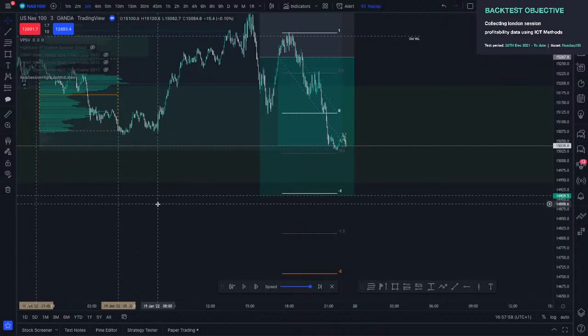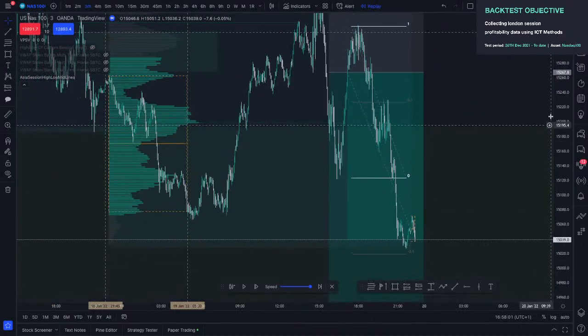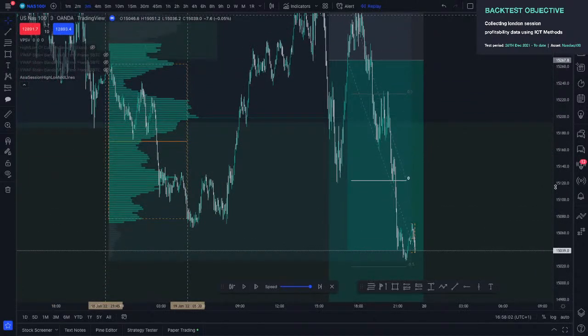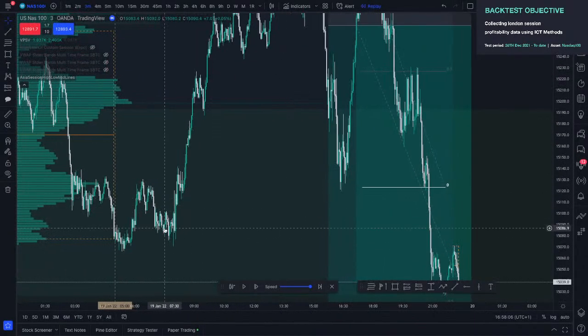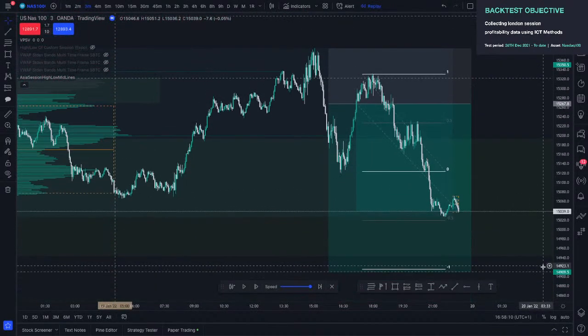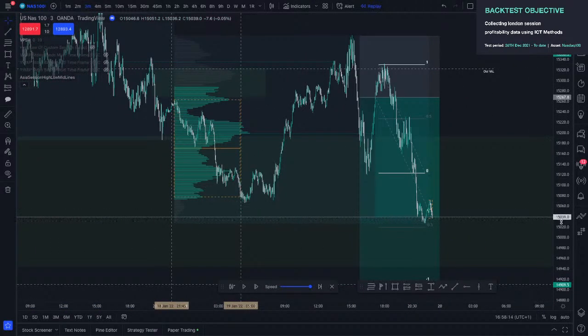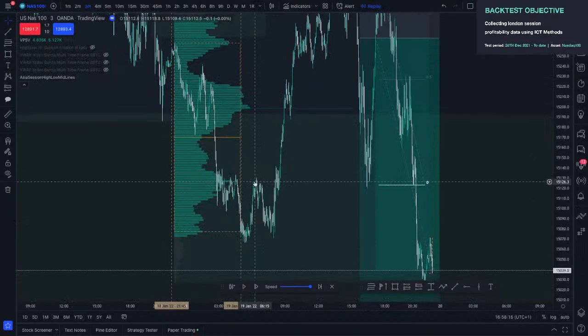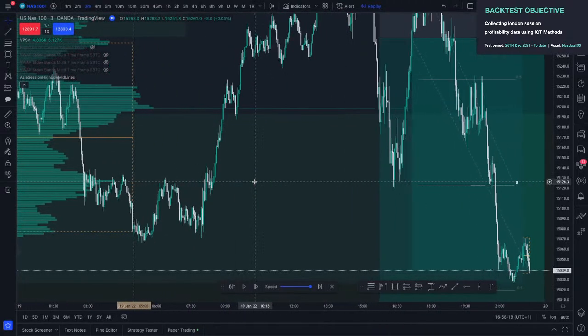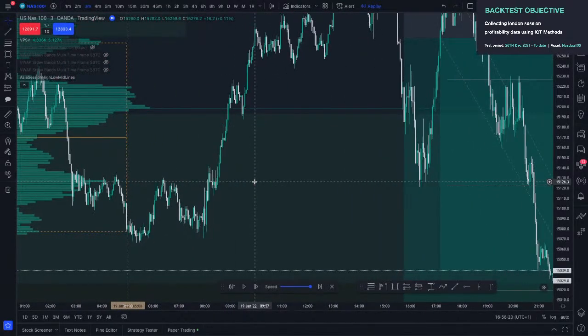The only question that I'm wondering now is, would I be able to take this trade in real life? The answer is probably no. Maybe on a lower time frame I get a better signal, but here, nah, I wouldn't have.